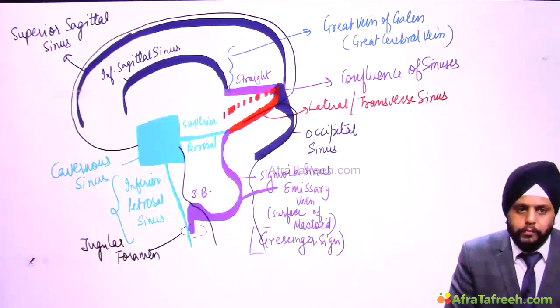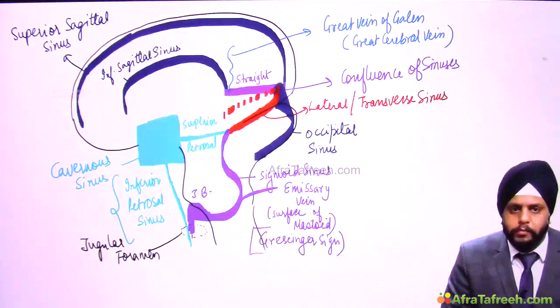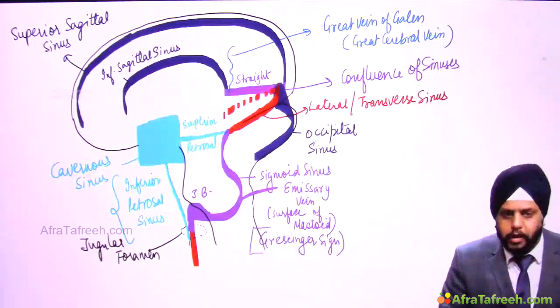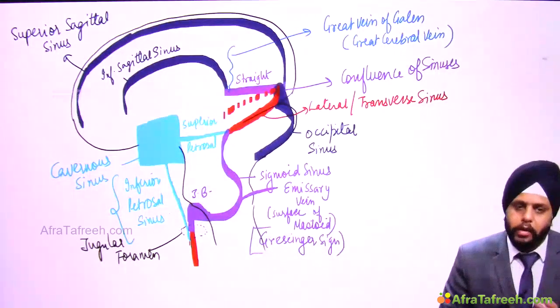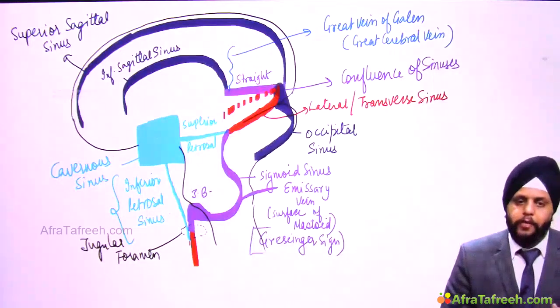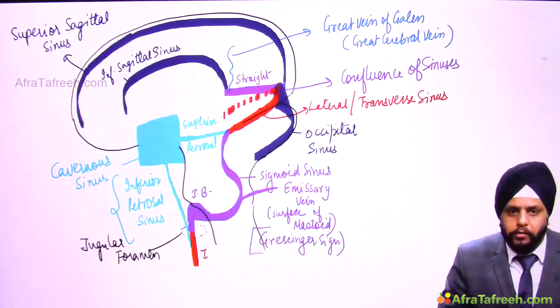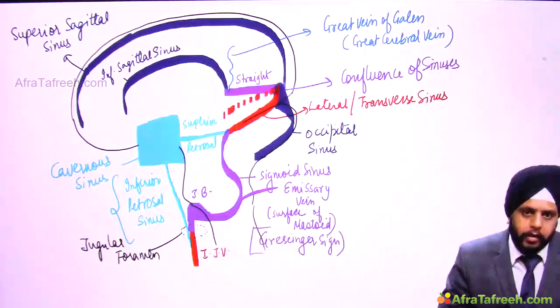And now what happens? This guy was curved, second marriage. Now the result will be the same once again. After marriage, the characteristic changes. So he was curved and now he becomes straight. He is now known as internal jugular vein.